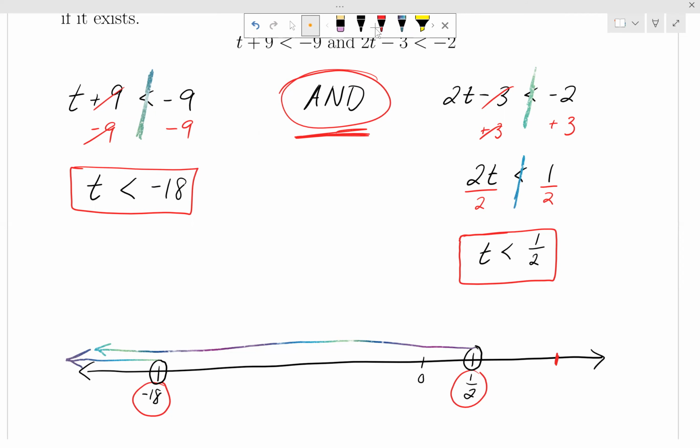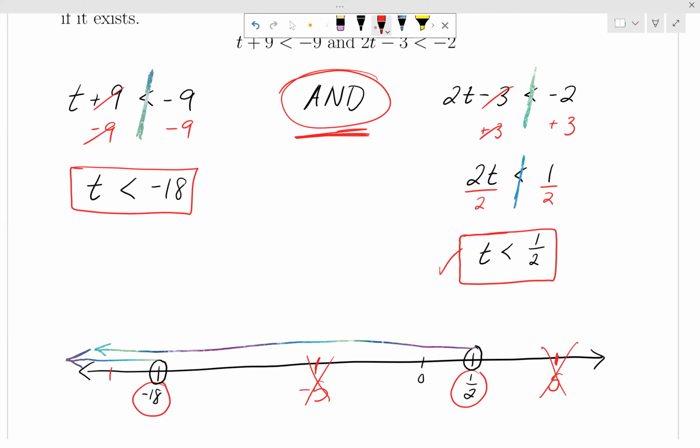If I pick a point right here, like if I pick 5, that's not going to work. 5 isn't less than 1/2, and it's definitely not less than negative 18. Okay, if I pick negative 5, that's less than 1/2, so that works, but it's not less than negative 18, and I need both of them to be true. I need t less than negative 18 and t less than 1/2 to be true. This negative 5 doesn't work because it works for one, but it doesn't work for the other.